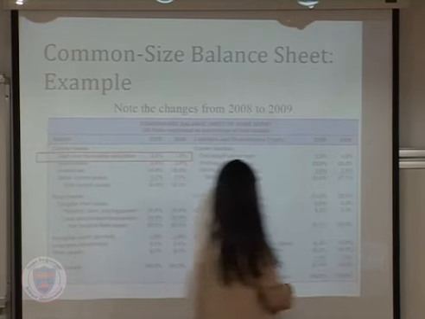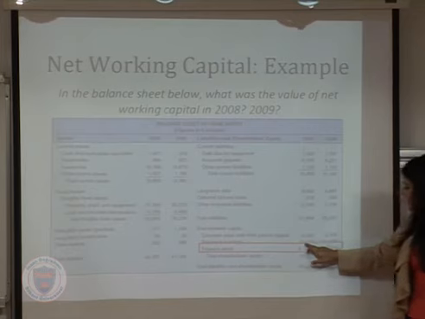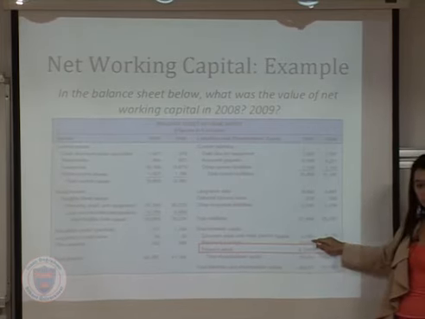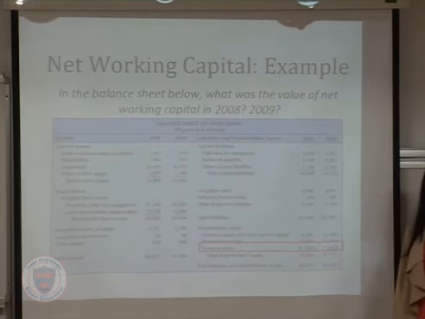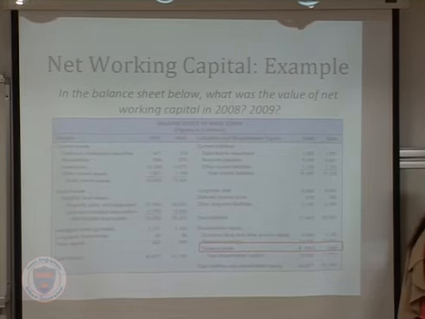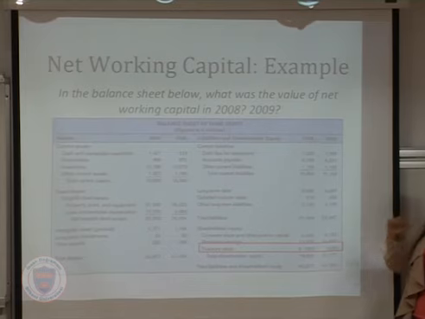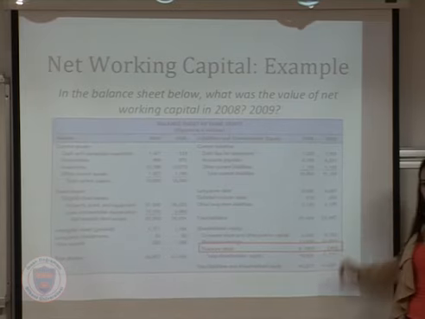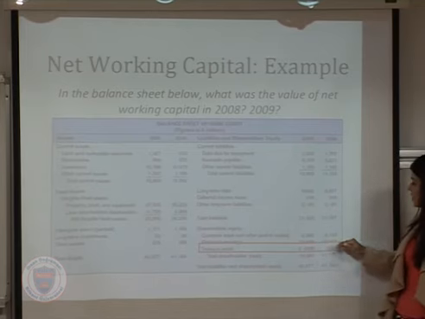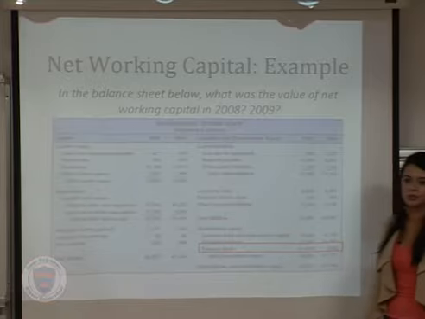Oh, this is common size, okay. Here, if you compare the retained earnings from 2008 to 2009, the difference will be 1136. So all those things are related. Addition to retained earnings is written in the balance sheet. So in 2009, you have additional 1136 retained earnings, which is added to your 2008 number.